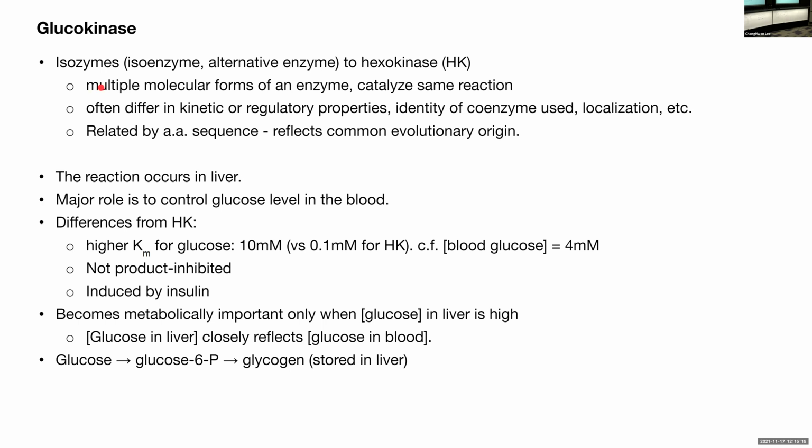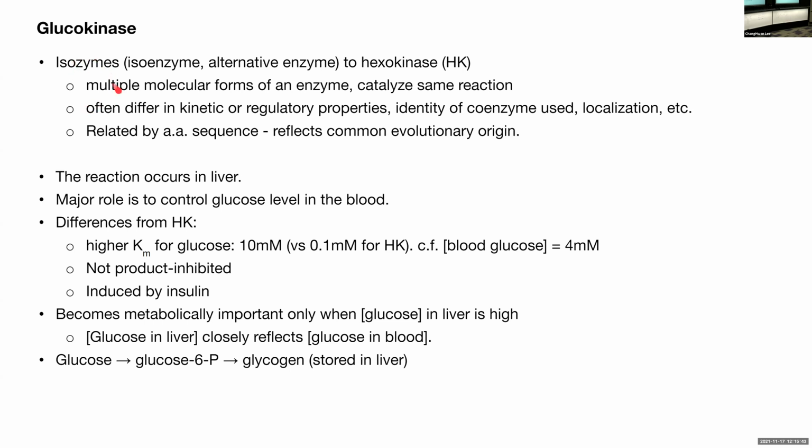It can take multiple molecular forms, but still catalyze the same reaction. So hexokinase and glucokinase are isozymes, meaning that they have different molecular forms, but still catalyze the same reaction where glucose becomes glucose 6-phosphate.